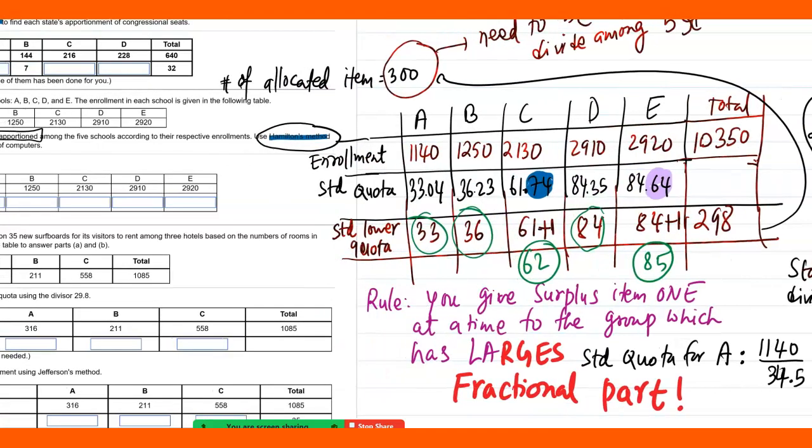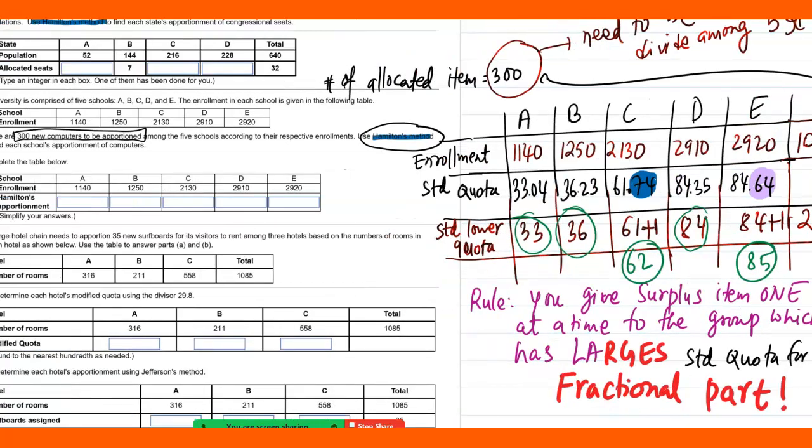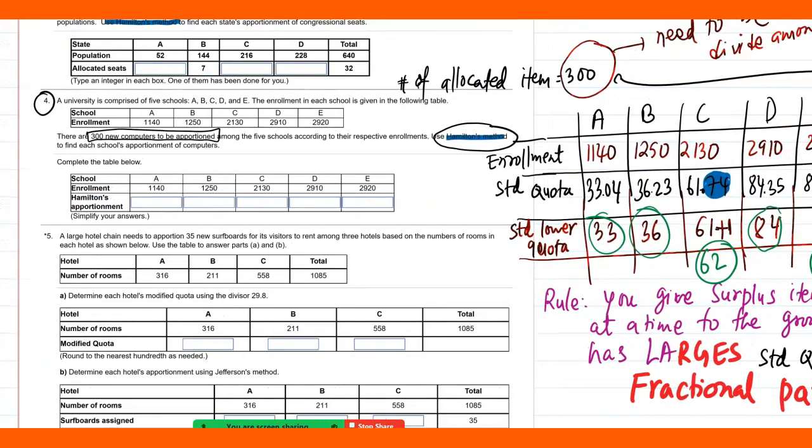Because we add 2 extra to the groups which have the largest fractional parts. Remember, 1 at a time. You cannot give 2 at a time.